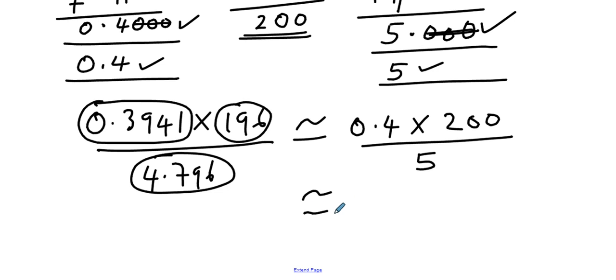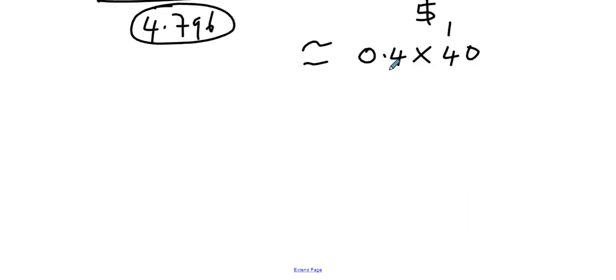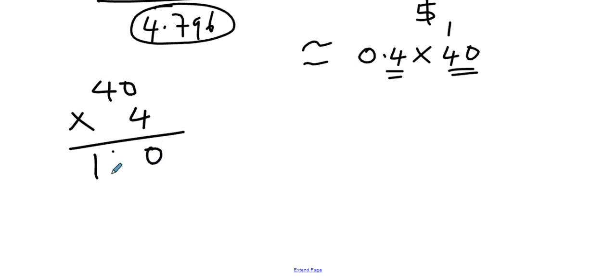This is approximately equal to, by 5, 1, by 5, this will be 40. Now you'll be taking 0.4 multiplied by 40. Remember what we discussed? Ignore this decimal point. Do 40 multiplied by 4. 0, 16.